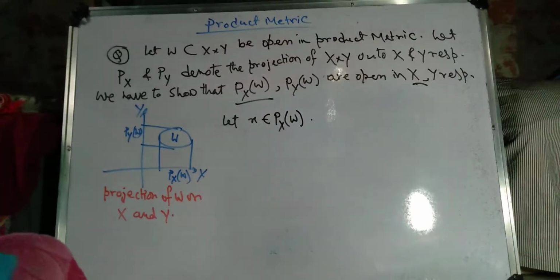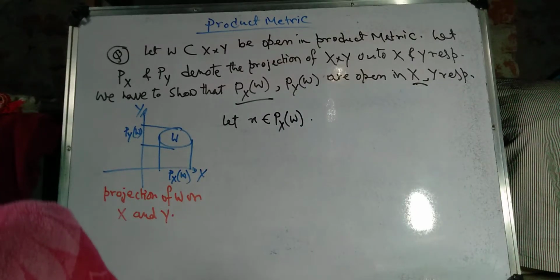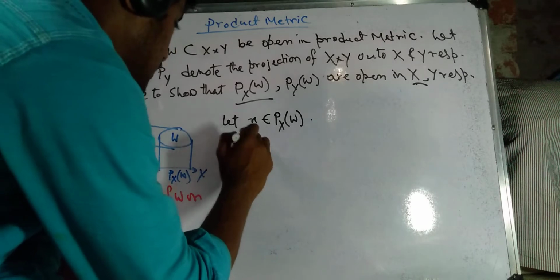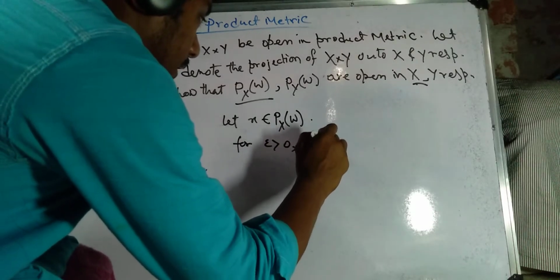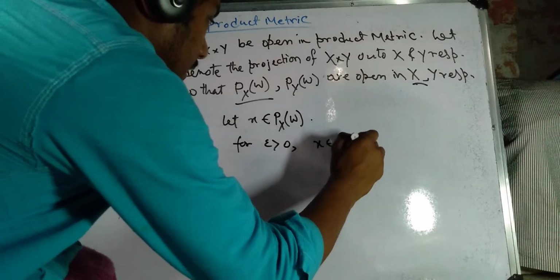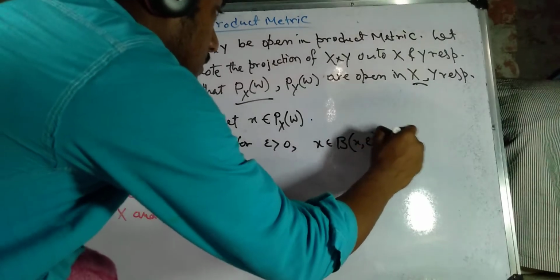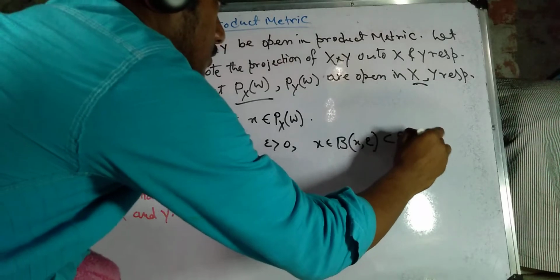Then we find some ball. That means for epsilon greater than 0, x belongs to some B(x, epsilon) subset of p_x(W).